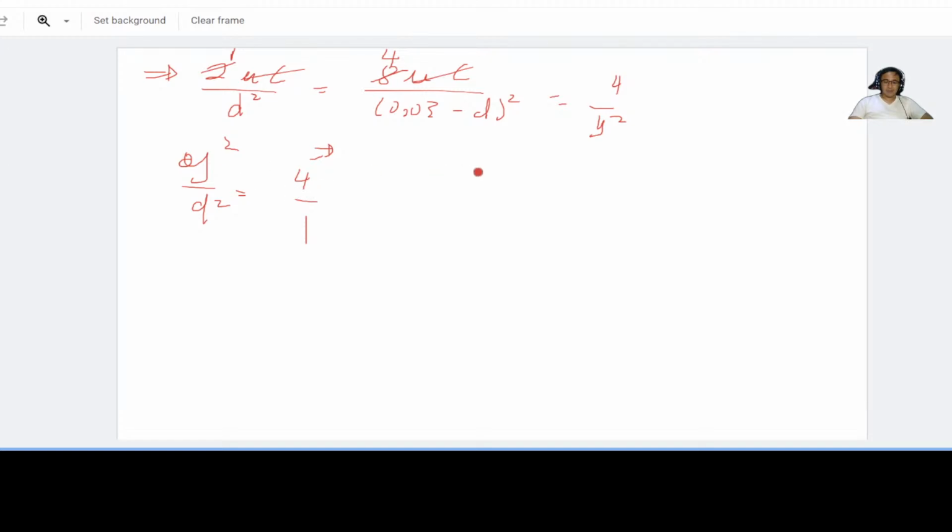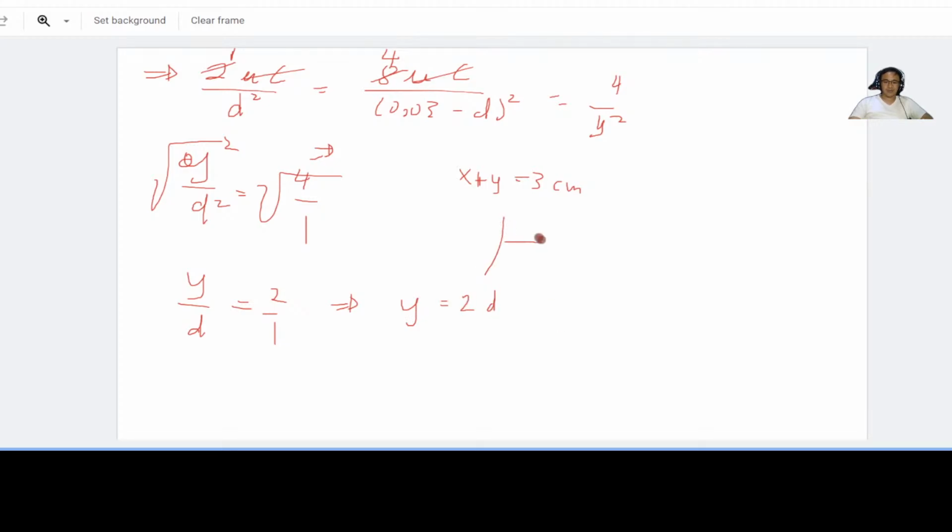Okay, but we know that x plus y equals 3 cm. What I can do now is take the square root first, right? So I'm going to get what now? Y over D equals 2 over 1. So from here we know that y equals 2D.